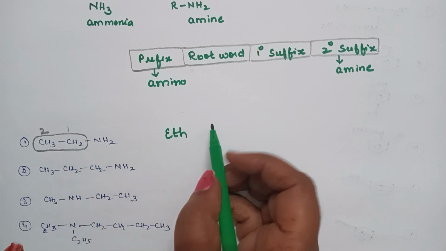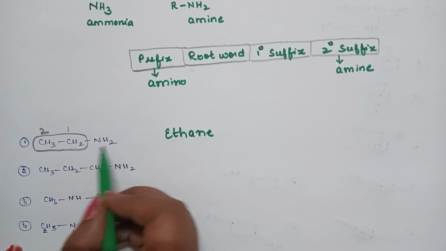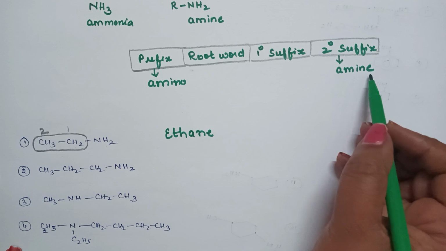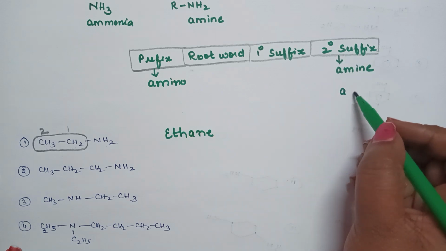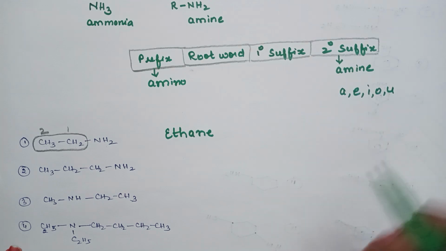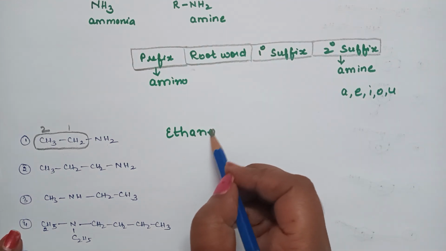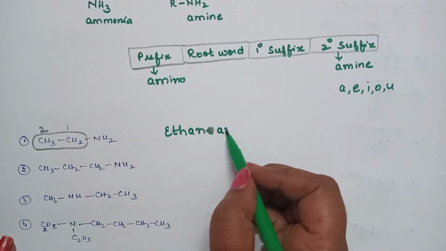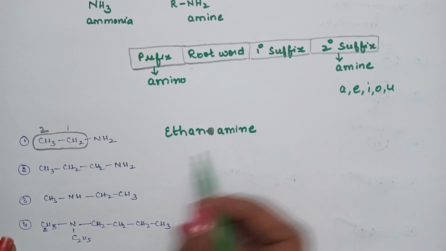Here single bond is present, so I'll write it as ane. Now NH2 will be the secondary suffix, so you should write it as amine. Students, if the secondary suffix starts with A, E, I, O, U, then you have to erase this E. Don't write this E. So now you write amine, and it will be ethanamine.